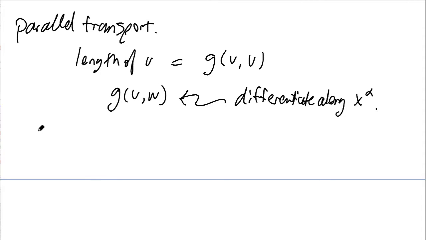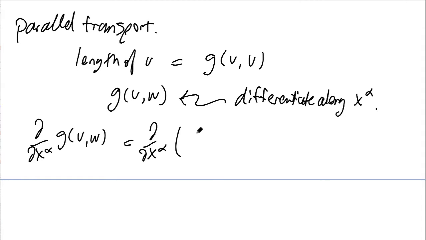So let's do that. Let's take the derivative with respect to x alpha of g acting on v and w. Now, we know we can write g acting on v and w in terms of components: the components of the metric g mu nu wired together with the components of v and the components of w, so that's v mu w nu.